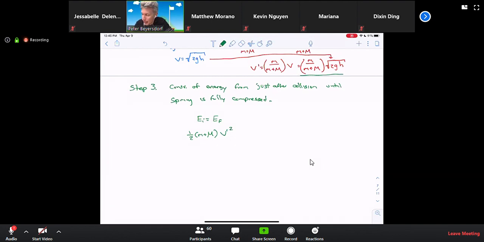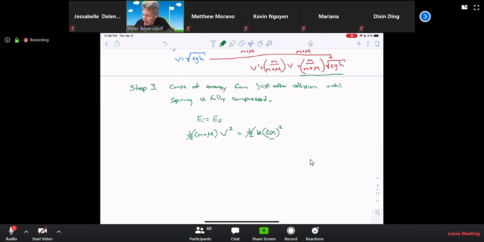So there's the kinetic energy of the blocks when they start to compress the spring. And as the spring compresses, the blocks are going to slow down. And when they finally are no longer moving, then all of the energy is potential energy in the spring, which has the form 1/2 k delta x squared.